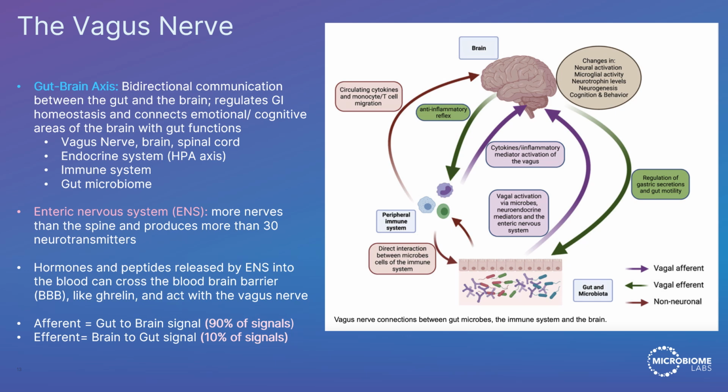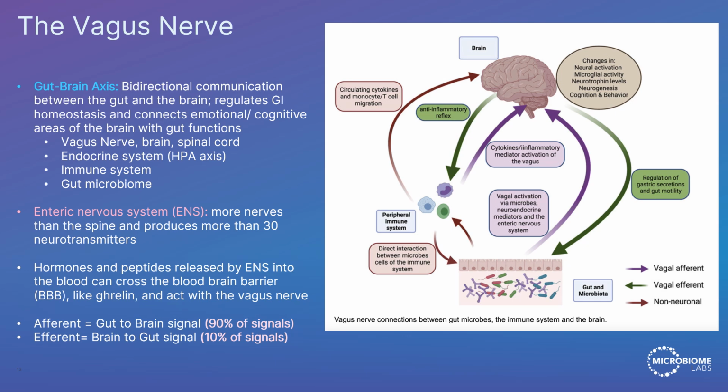And this gut-brain axis involves many different organ systems. It involves the nervous system, of course, which includes the vagus nerve, the brain, and the spinal cord. It also involves the endocrine system, specifically the HPA axis, the immune system as well, and of course, the gut microbiome.